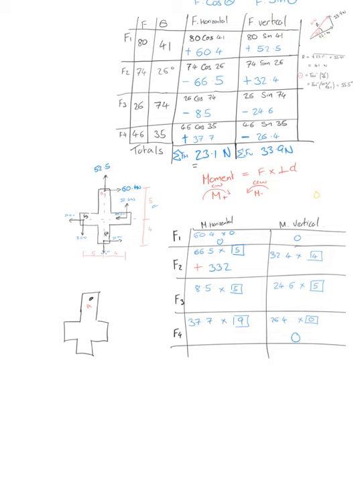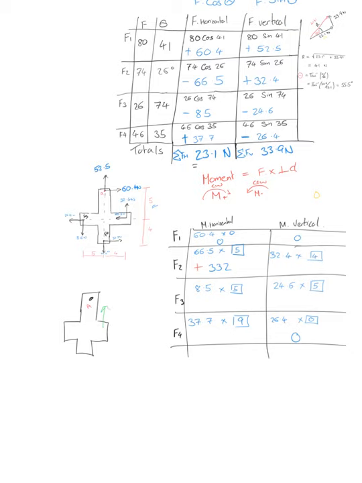Okay, so I've put in my force and my distances. I just want to make a point of putting in the signs of my moments. So F2, if I look at force vertical of F2, it is here.